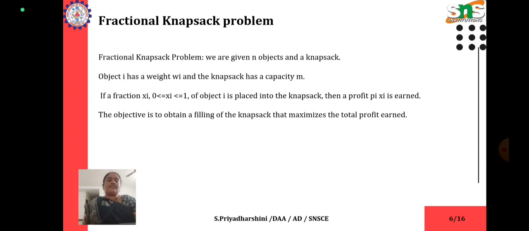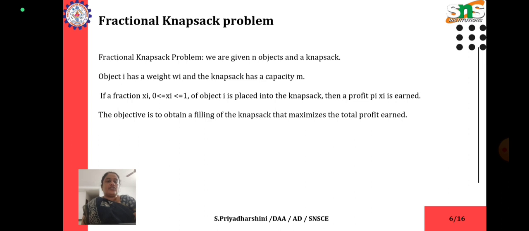The next problem in knapsack is the fractional knapsack. Here we are given n objects and a knapsack. Object i has a weight Wi and the knapsack has capacity W. If a fraction xi, where 0 is less than or equal to xi is less than or equal to 1, of object i is placed into the knapsack, then a profit of Pi xi is earned.